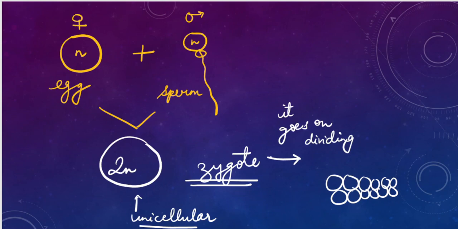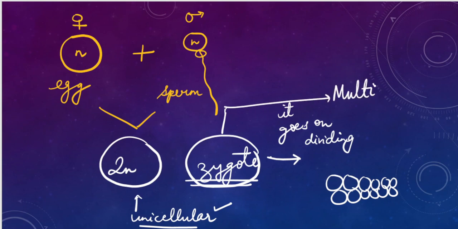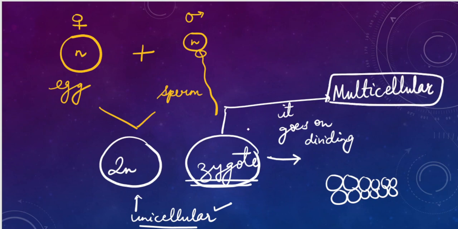So a unicellular zygote has to become a multicellular human like us. We all are born from this single celled zygote, and hence we became multicellular. But how did we become multicellular? We became multicellular by cell division.